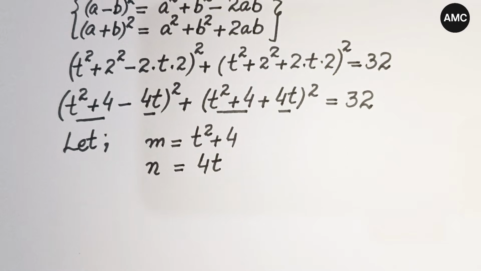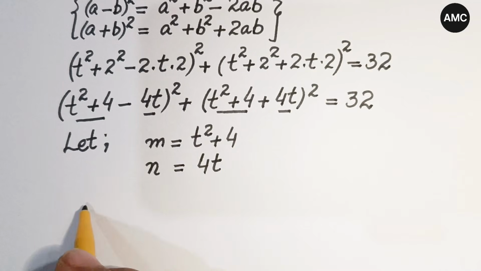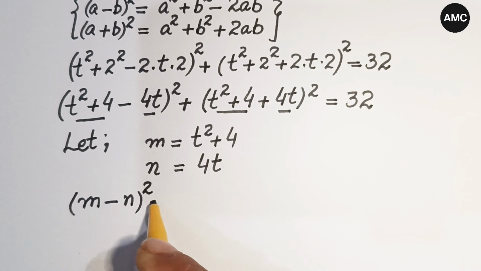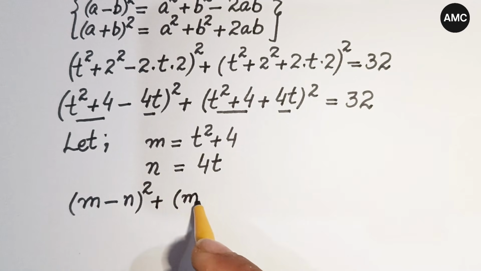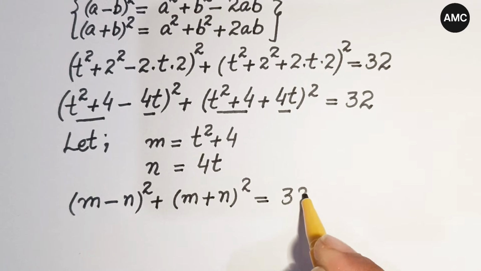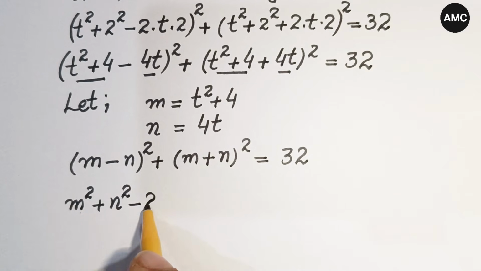Applying these two values here, this step will be (m - n)^2 plus (m + n)^2 is equal to 32. Now (m - n)^2 is actually (a - b)^2, so if we expand this one, we get m squared plus n squared minus 2mn.